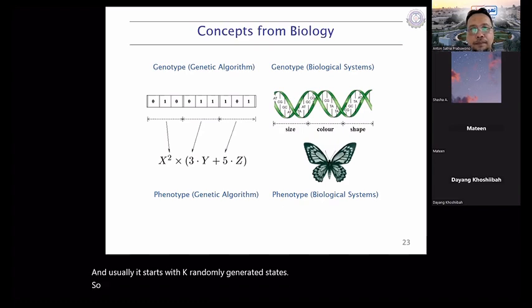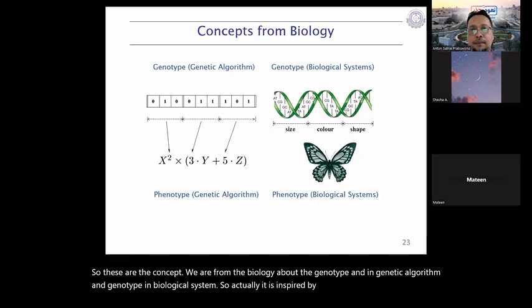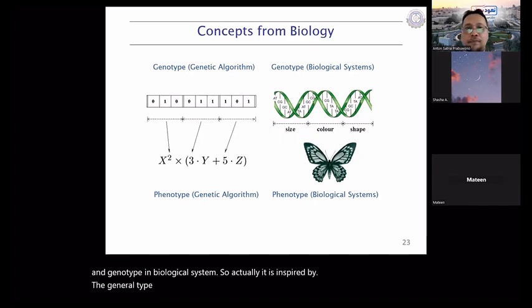These are the concepts from biology about the genotype in genetic algorithm and genotype in a biological system. So actually it is inspired by the genotype and phenotype from a biological system.